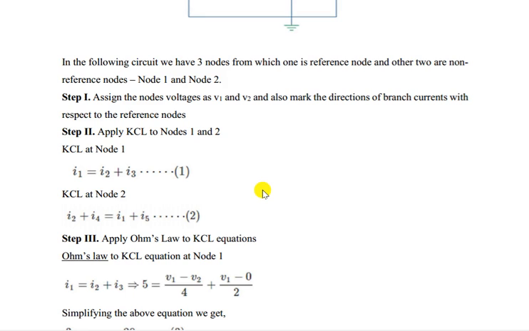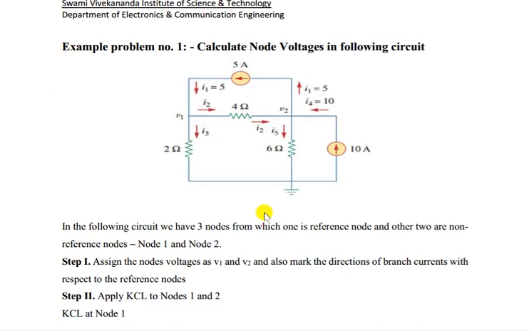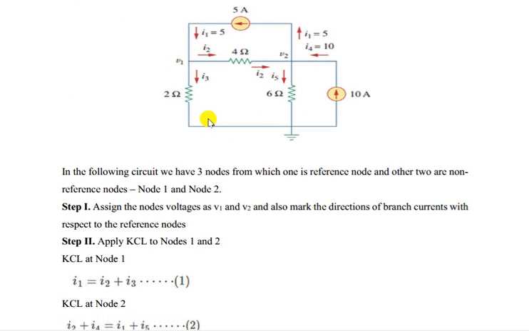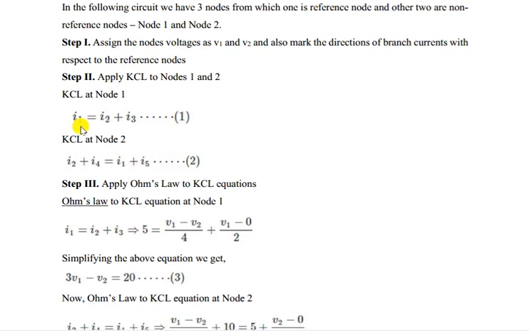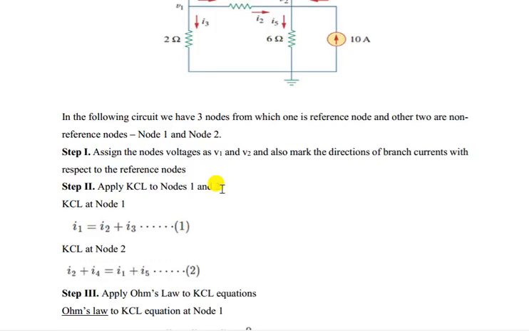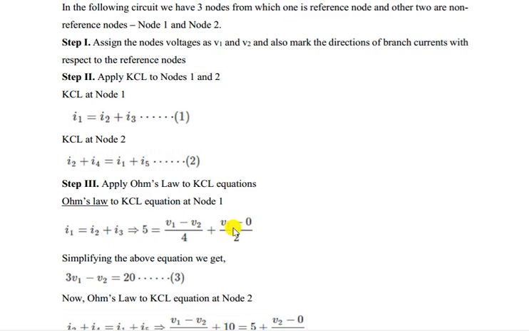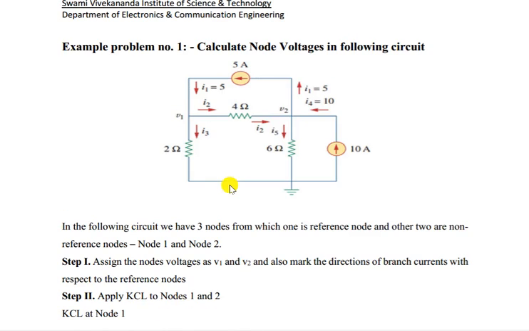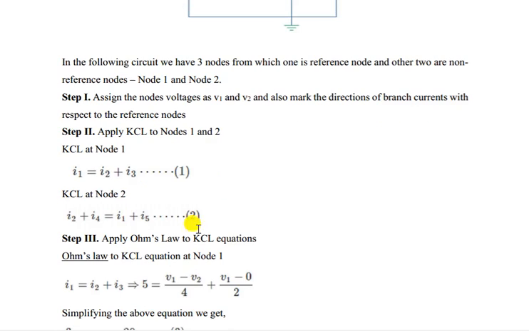Now we have to apply Ohm's law to the KCL equation at node 1. Now here, what is I1? I1 is this current whose value is 5 ampere. So I1 equals 5 ampere. Now what are I2 and I3? I2 is flowing this way from V1 to V2. So we can write I2 equals the voltage difference between those two nodes, that is (V1 minus V2) divided by R, that is 4. So (V1 minus V2) divided by 4.